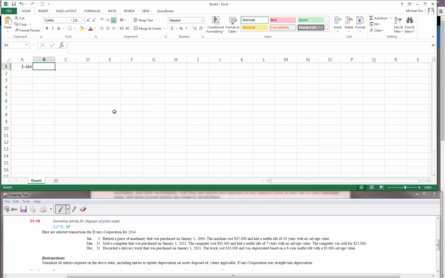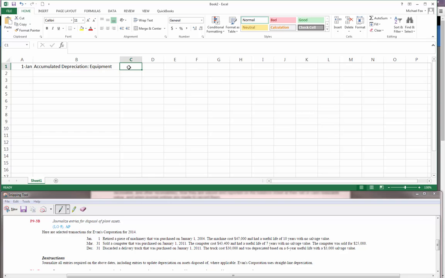So the journal entry will look something like this. Accumulated depreciation on the equipment, $47,000, and the equipment, $47,000.